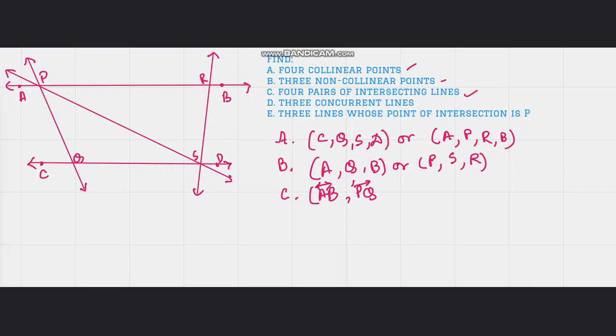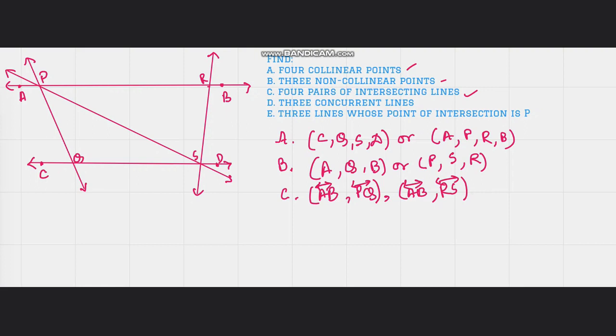This is one pair. Now what are the other pairs? We can see that AB and RS meet at point R over here. So AB and RS is an intersecting pair.